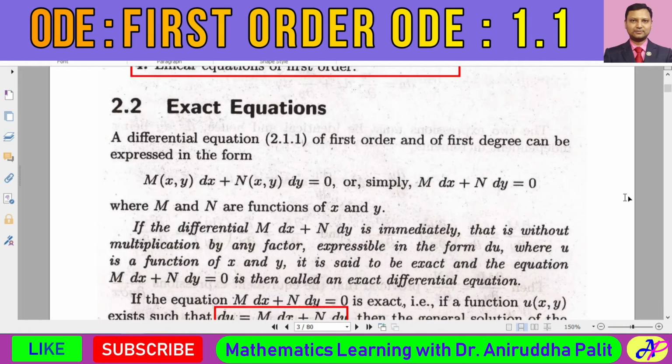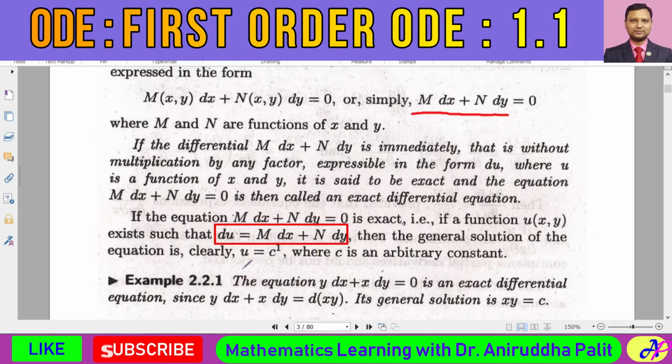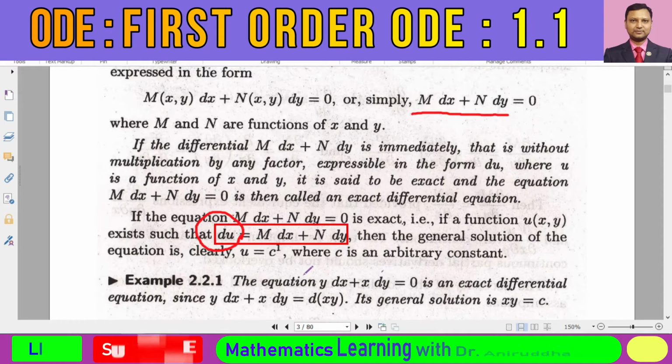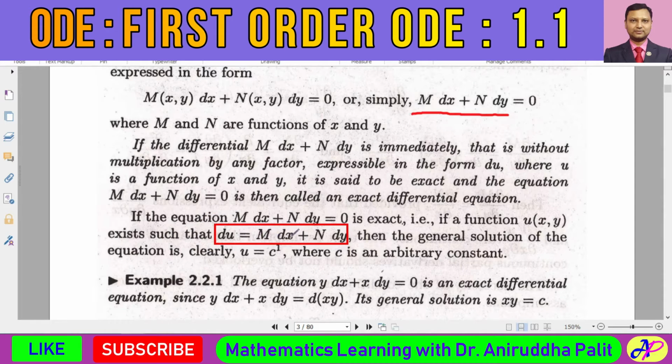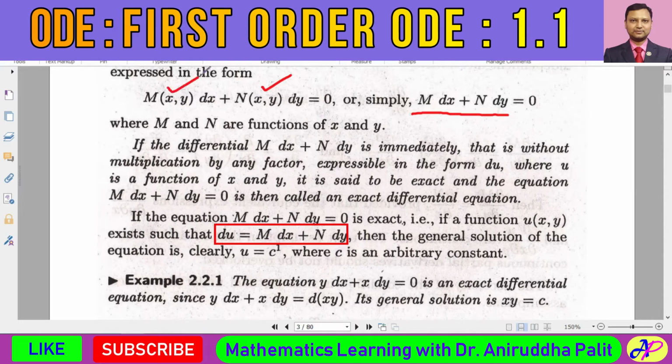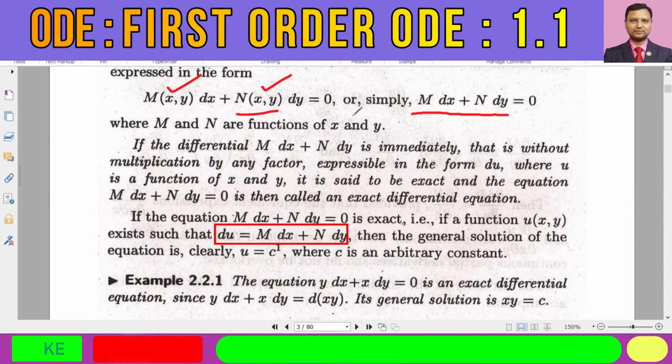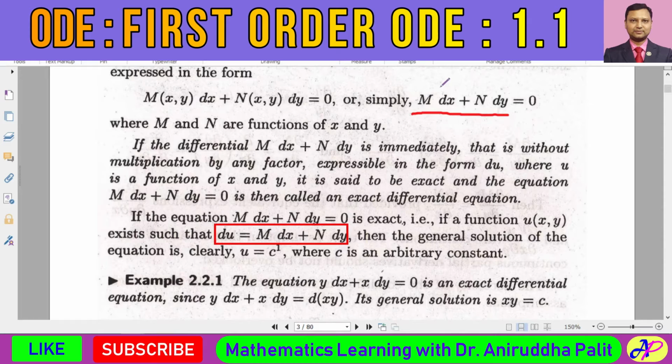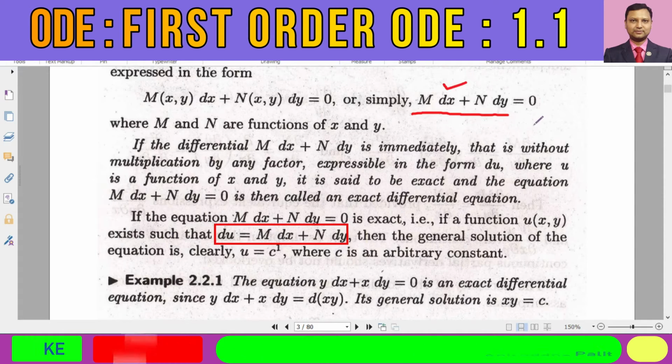First of all, if this expression M dx plus N dy can be represented in the form of a differential of a certain quantity, where M is a function of x and y, and N is also a function of x and y, and for simplicity we just write it as M dx plus N dy.